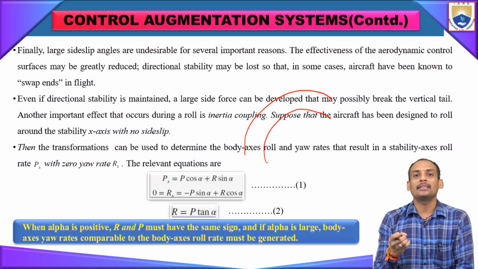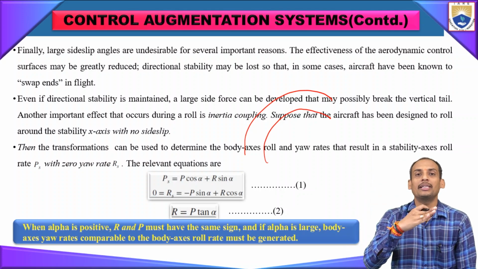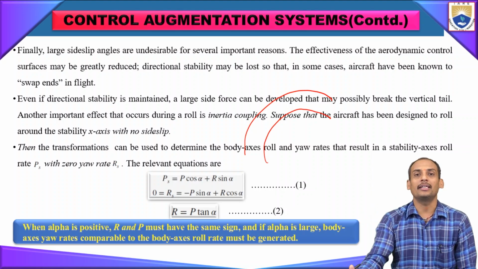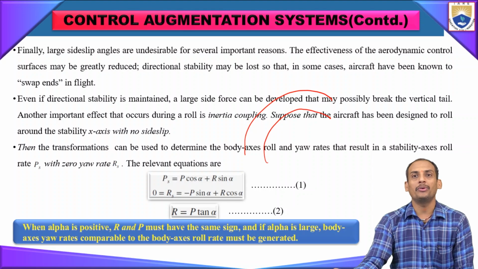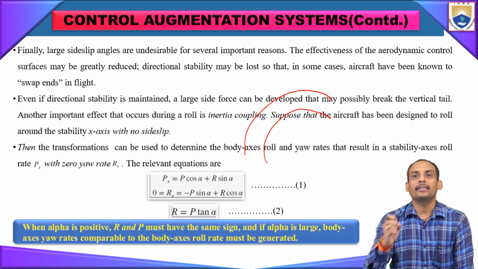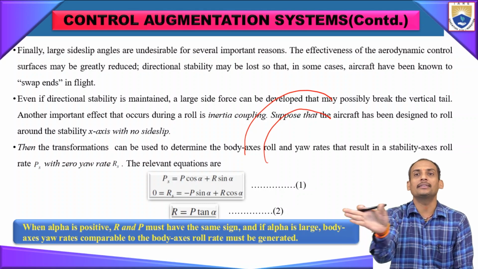Due to those more forces, it may sometimes bend and get destroyed also. So another important effect we need to avoid that occurs during the roll is the inertial coupling, which needs to be installed to avoid this situation.